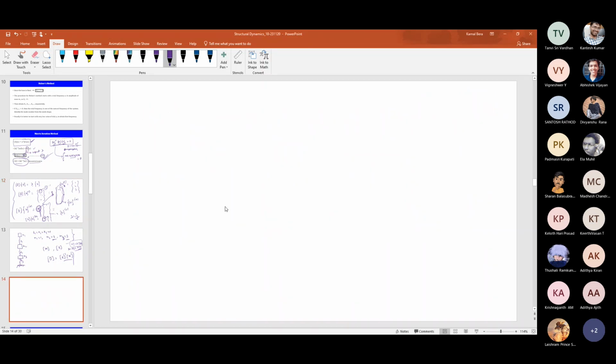By the way, I have not checked the assignment yet, but while downloading a few of them, I quickly ran my eyes over the first page, and it is really shocking to see. First of all, copying, I do not have to go deep. Just by seeing the first page, I can conclude that many people had copied. Another thing is that I asked you to write the equation of motion using the Lagrange approach, right?